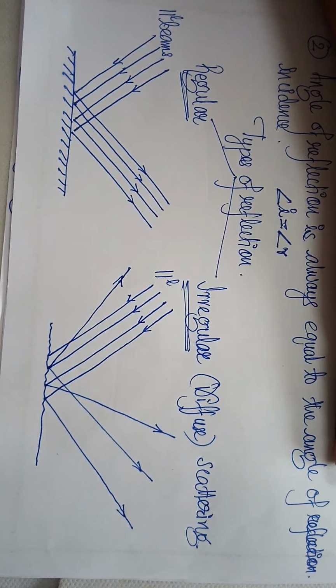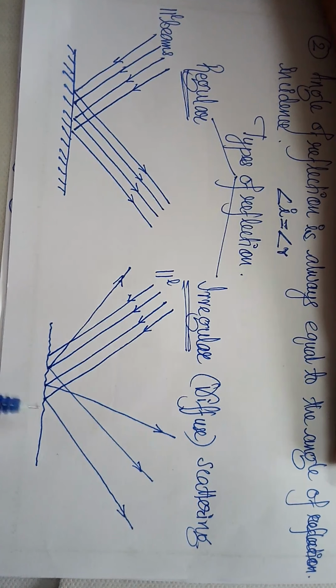Due to this property, the angles of incidence for the parallel rays of light falling on a rough surface are different, and hence the angles of reflection will also be different. Since the angles of incidence and reflection are different, the parallel rays of light falling on the rough surface go in different directions.